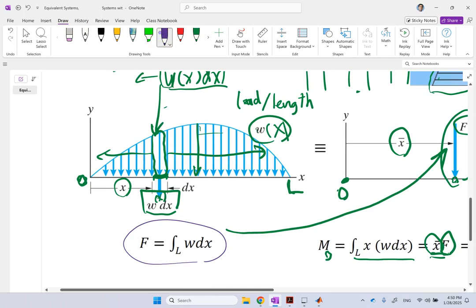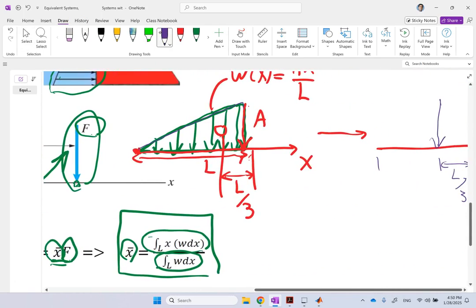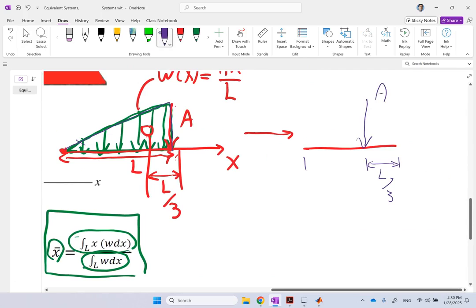That's the area under the W curve. So the area under W is your equivalent force. And clearly the area under a triangle is width times height divided by 2. So that force is going to be A times L over 2. And the location of it is exactly L over 3 from one side and 2L over 3 from the other side.